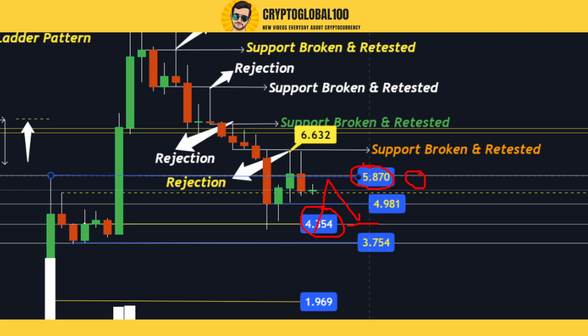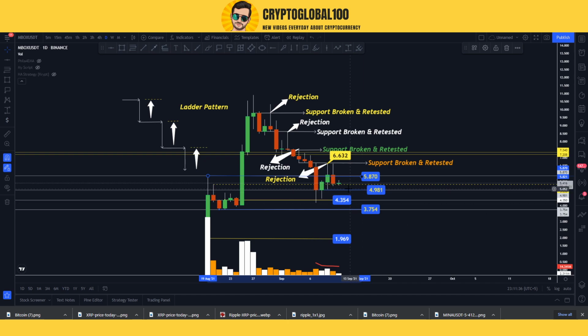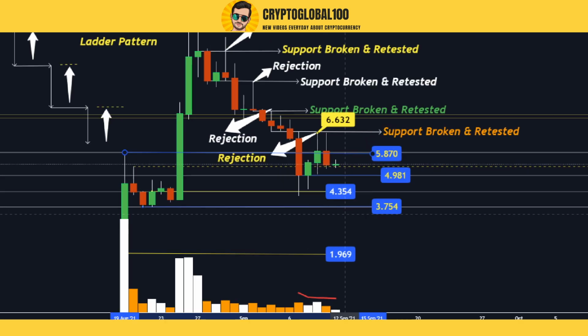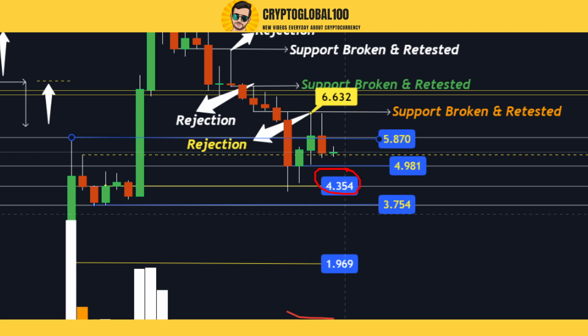This could happen for a few days, maybe not weeks, but it has to stay above 4.3. If the level of 4.3 gets broken, then it's gonna form a new level at 3.7.